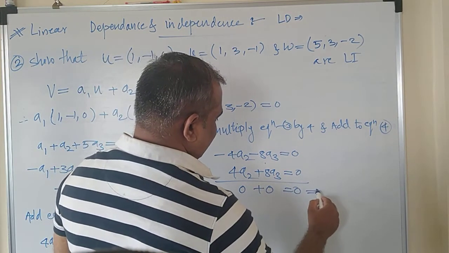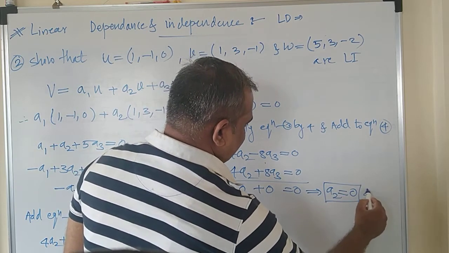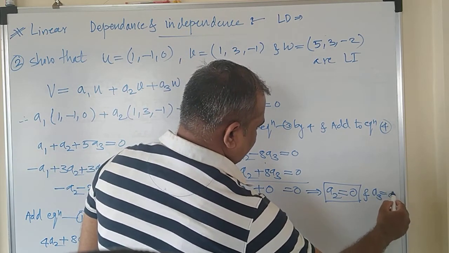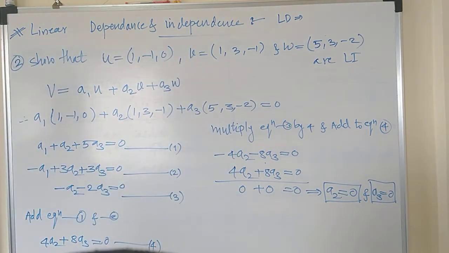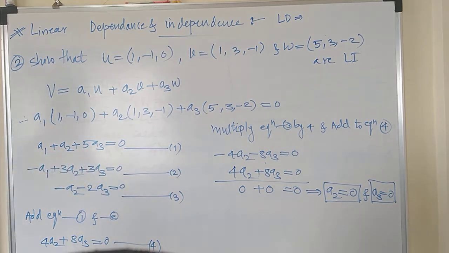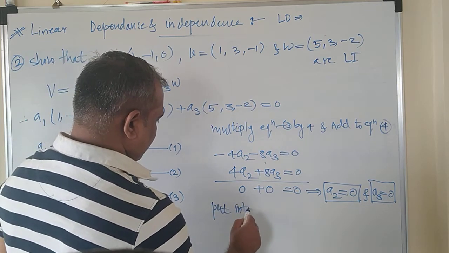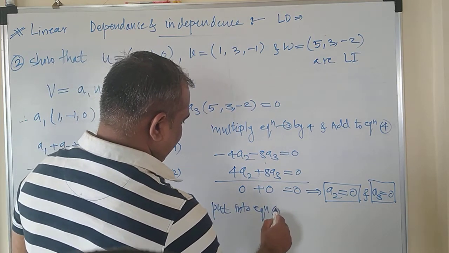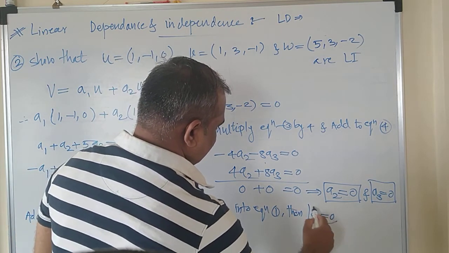What does this indicate? This indicates that the value of a2 is equal to 0 as well as a3 is also equal to 0, right? So you get two scalars equal to 0, a2 and a3. Use these scalars in equation number 1. If you put the values of a2 and a3 into equation 1, a1 will be equal to 0. So I will just write here, put into equation 1, then a1 you will get equals to 0.